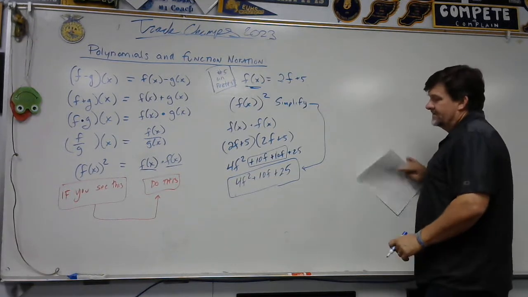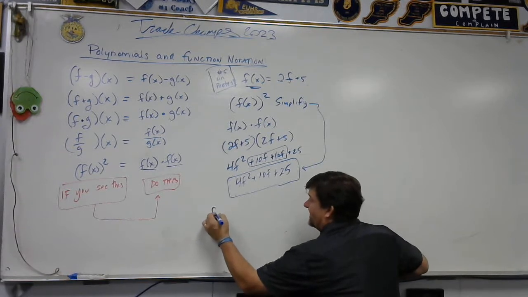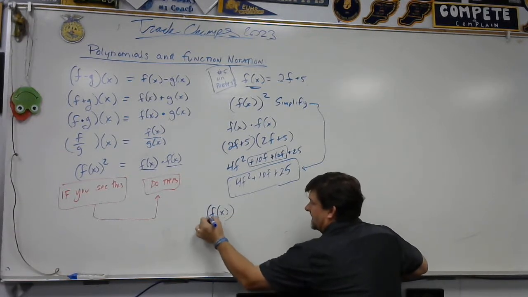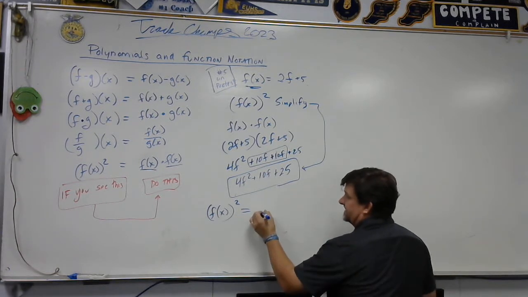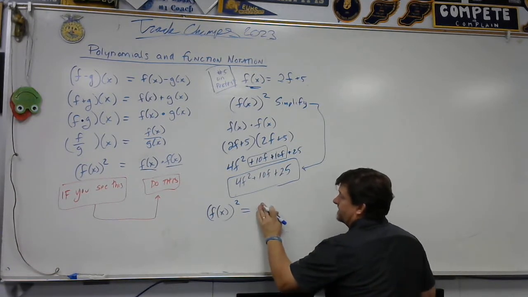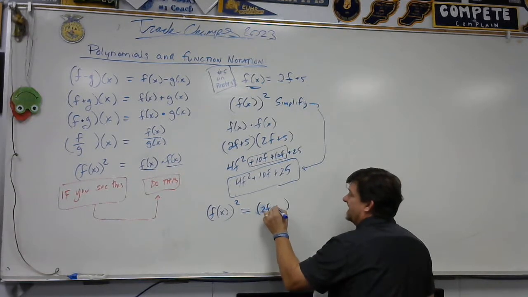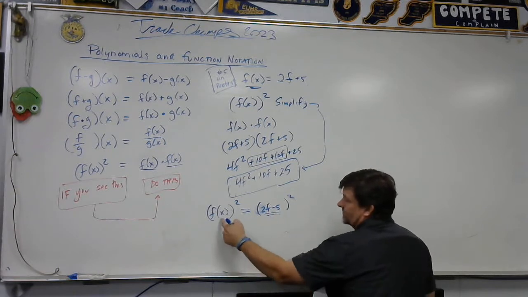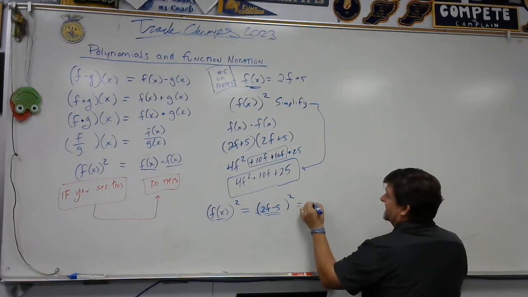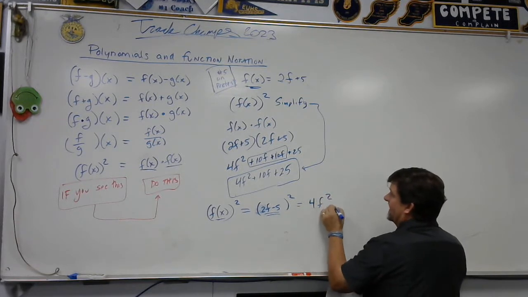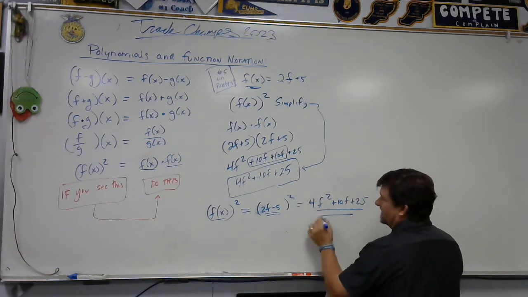So what I want you guys to realize is that f of x squared is equivalent to 2f plus 5 squared, because that's what f of x is, which is equal to this answer, 4f squared plus 20f plus 25. Okay?